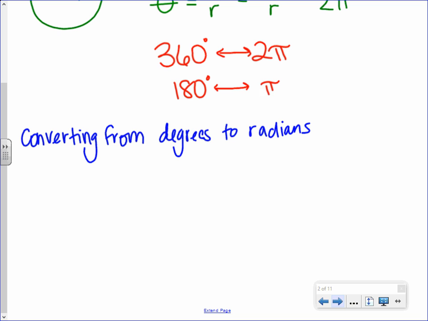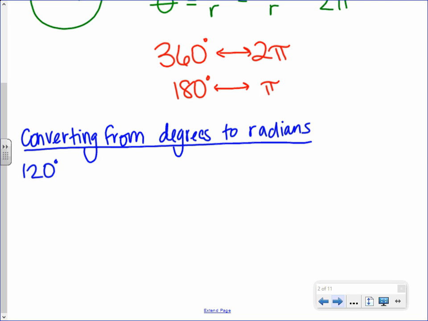Okay, so first, converting from degrees to radians. I have an angle measure of 120 degrees. I want to know what it is in radians. In science class, you work with unit conversion, right? When we multiply by a fraction where numerator and denominator are the same length, do you agree?